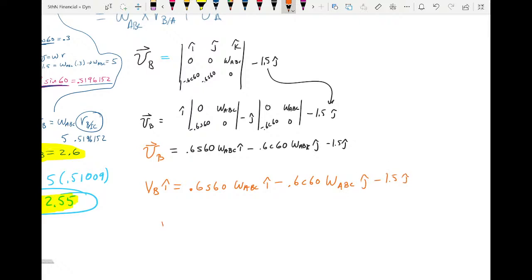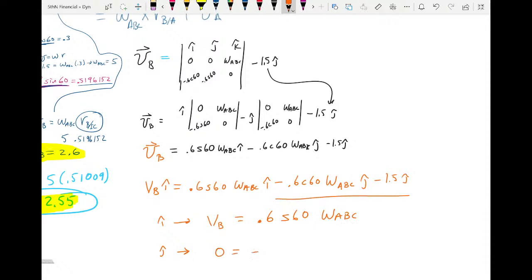Okay, so now we're going to break it into i and j components. First, we'll take the i's, which are this one and that one. So velocity of B is going to be equal to 0.6 sine of 60 omega ABC. The j component is going to be these two components.